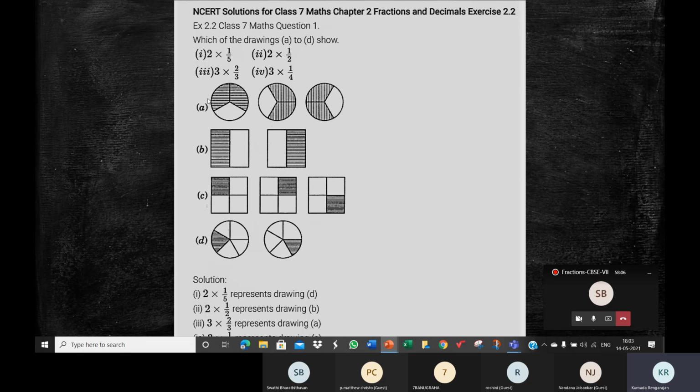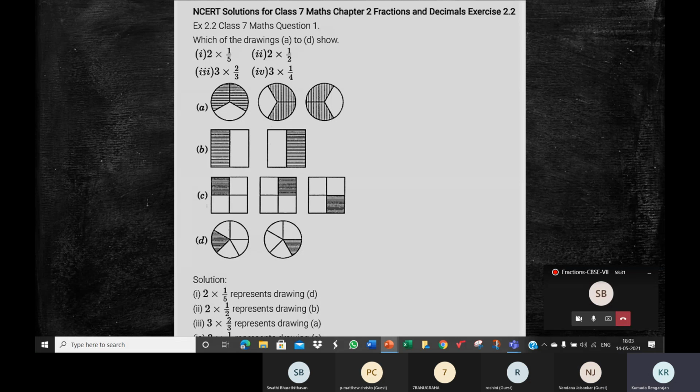Similarly, this one is 2 by 3. This one is 2 by 3. This one is also 2 by 3. So it's 2 by 3 plus 2 by 3 plus 2 by 3. 2 by 3 added to itself how many times? Ma'am, 3 times. So 3 into 2 by 3.